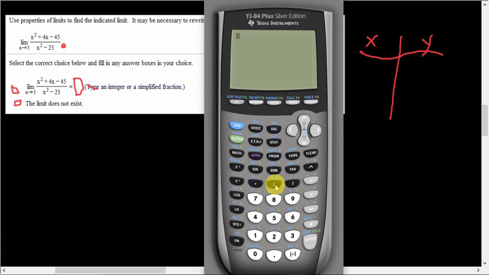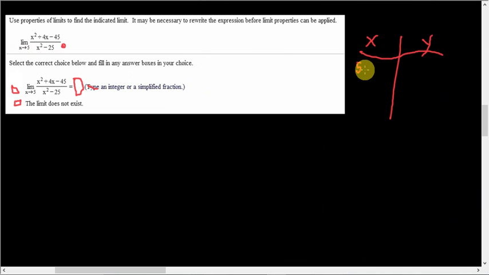You can do 5.1, 5.01, 5.001, and then you can go the other way: 4.999, 4.99, and 4.9, and see where it's approaching from this way and from that way.